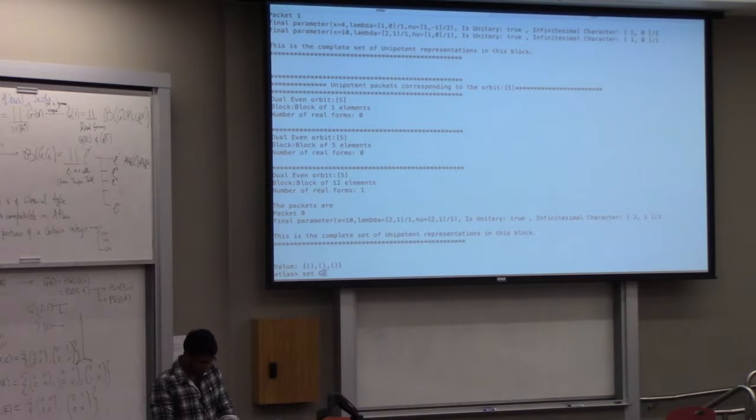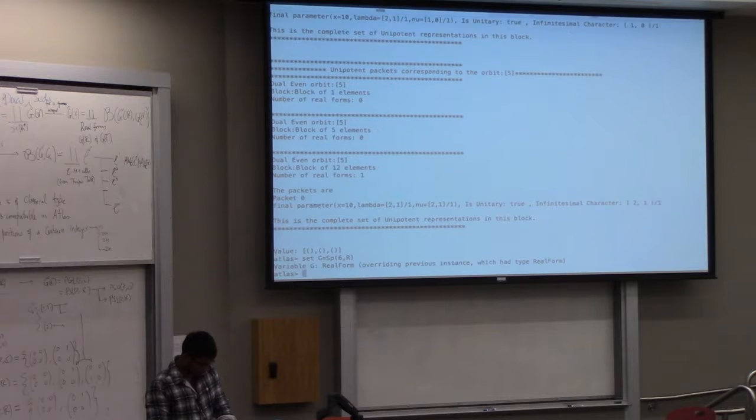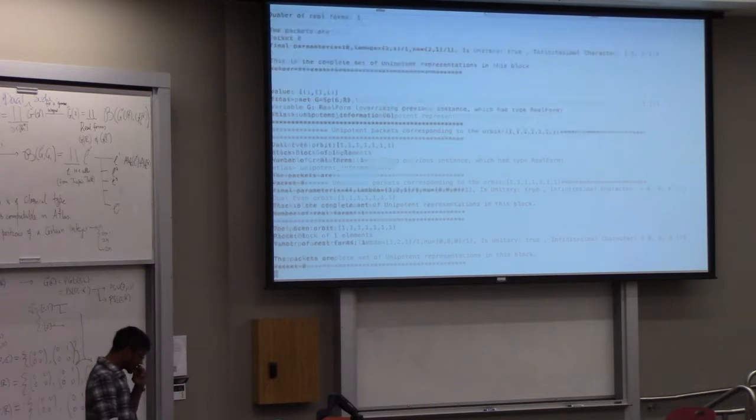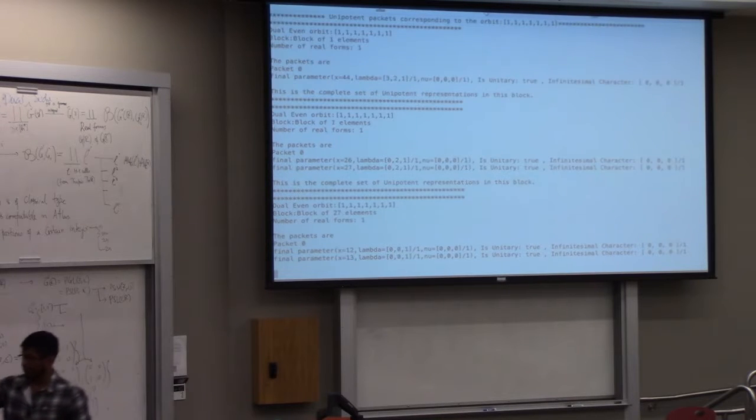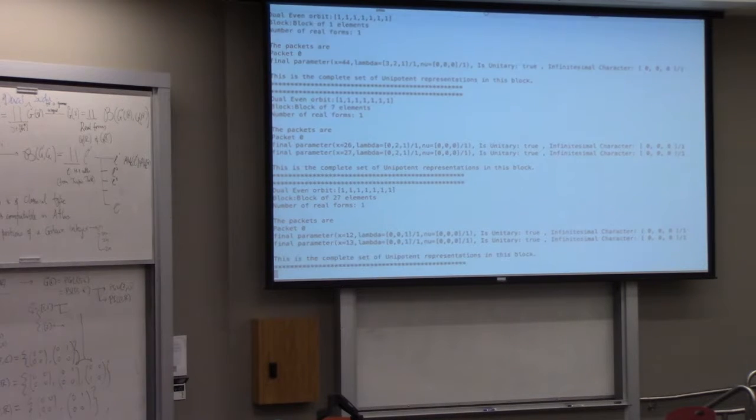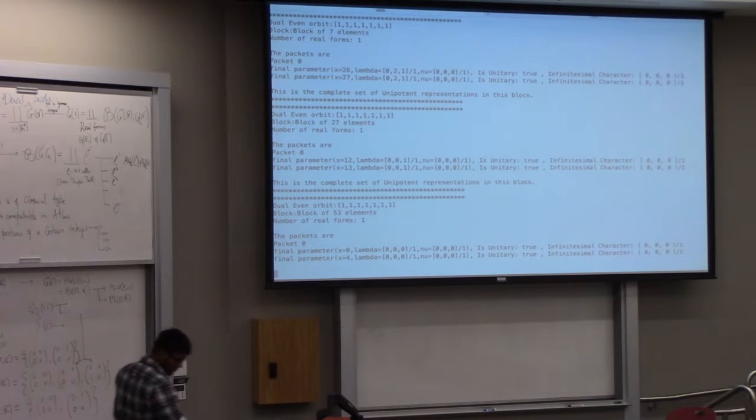So if I set G equal to SP6R and run this, I could compute parameters by hand this way, but what I want to show is that it's computing.